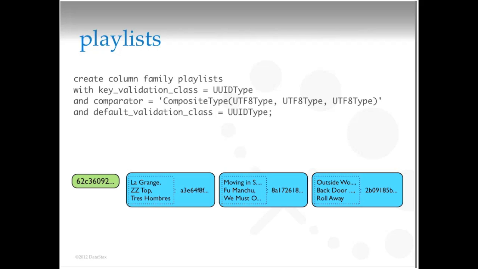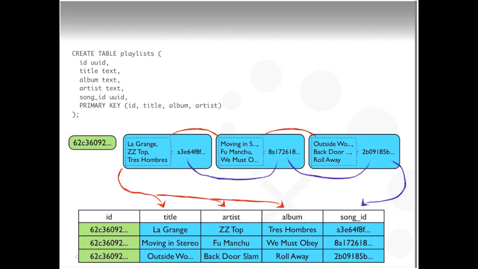So that's how those map to that storage engine row. The way we map this to the CQL world is similar to how we did it with the song tags, where we're going to have a compound primary key.